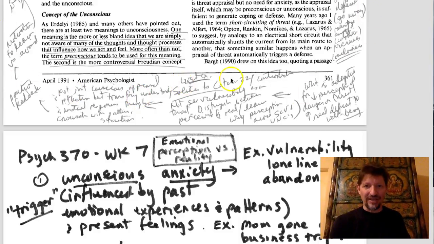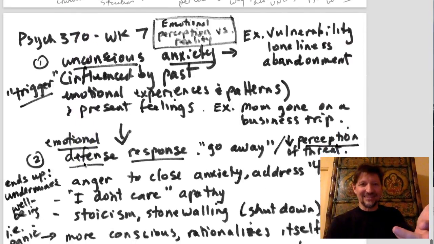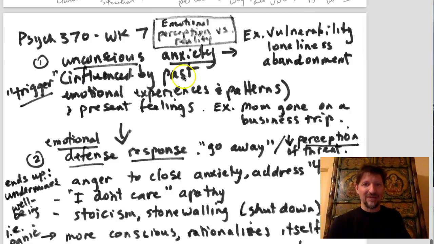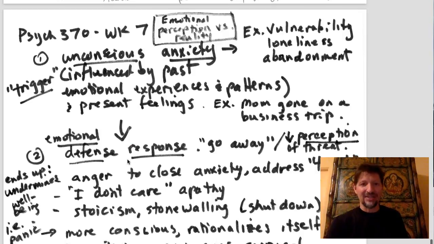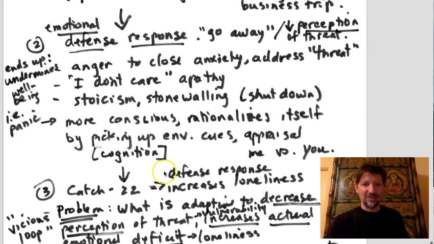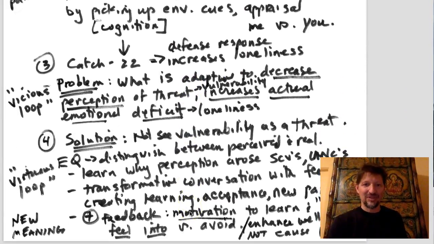Well, this scrawling here, if you can see it, if you want to understand my thinking, engaging emotion, came out into this notion about showing how vulnerability or loneliness can create a defense response like anger that actually makes the loneliness or the vulnerability worse. And so again, the solution was not to see vulnerability as a threat in the first place that you have to react to.